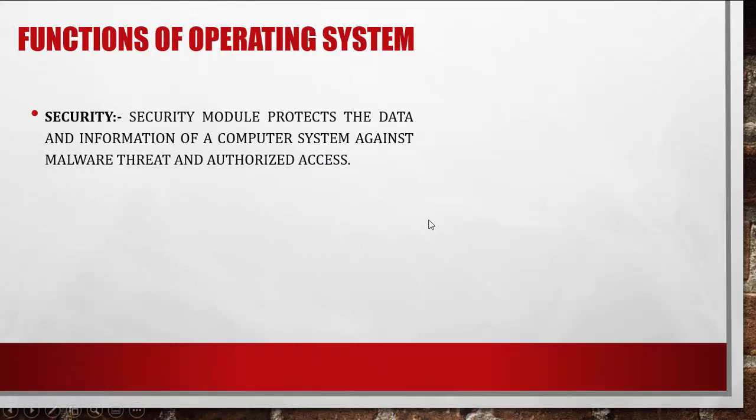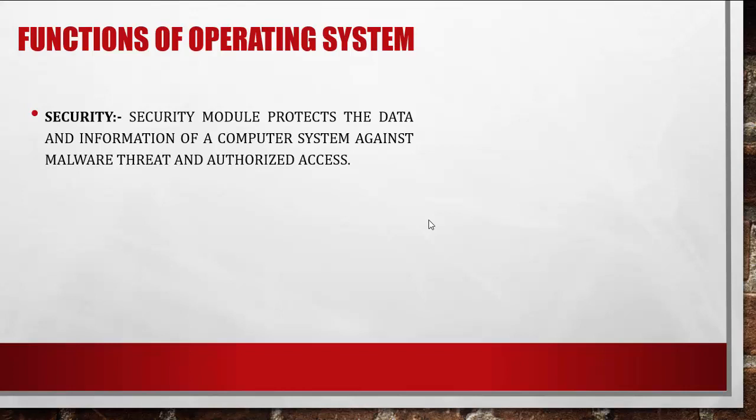The next function of the operating system is security. The security module protects the data and information of a computer system against malware threats and unauthorized access. One basic example of security is when you switch on your system, if you have given a password to your system, the operating system will ask you for the password, and if the password is correct, then you can access your system.